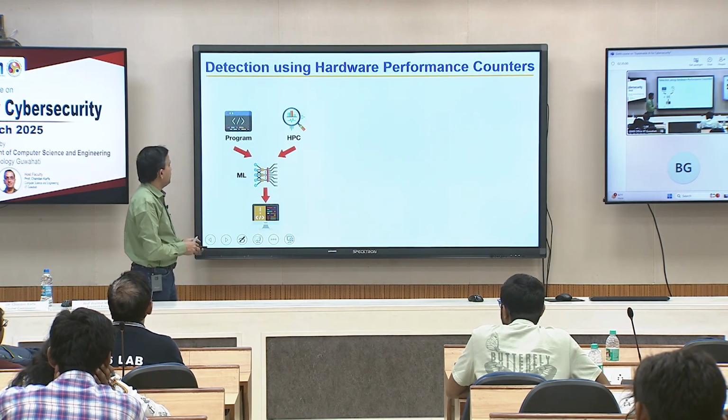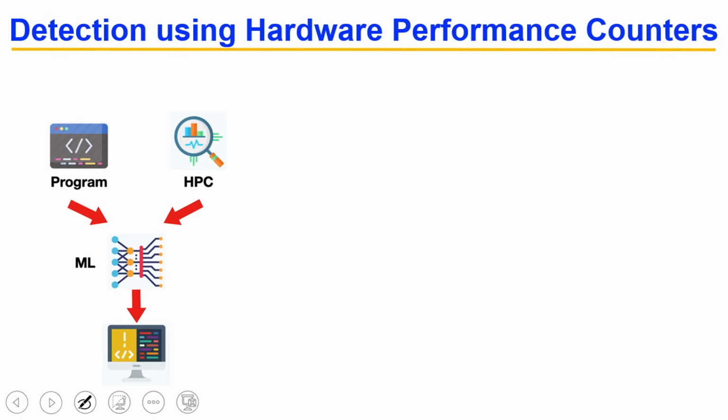So data collection is important. When you run the program for this performance counter collection, you can instrument the basic blocks, right. That is for the training time. The attacker will not allow you to embed something in their code, right. So at testing time you have to rely on what your machine is giving as the performance counter.